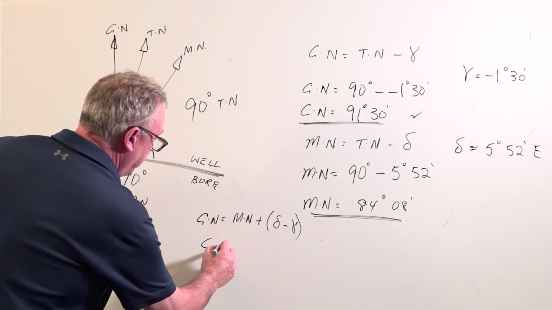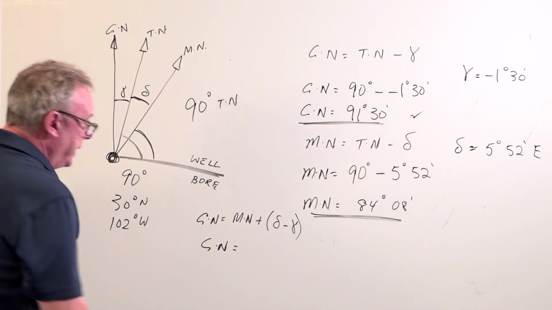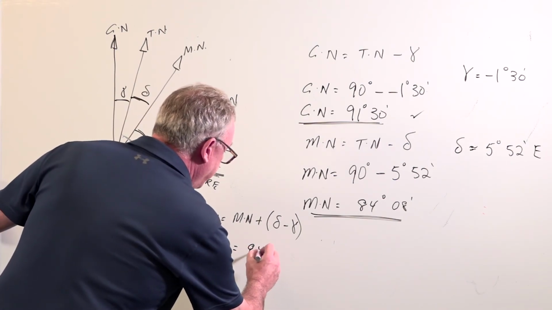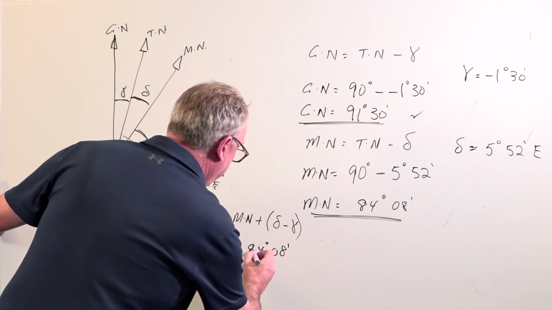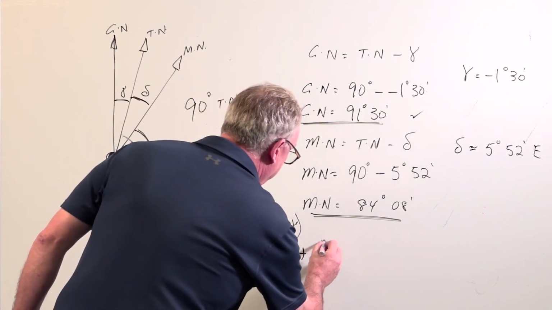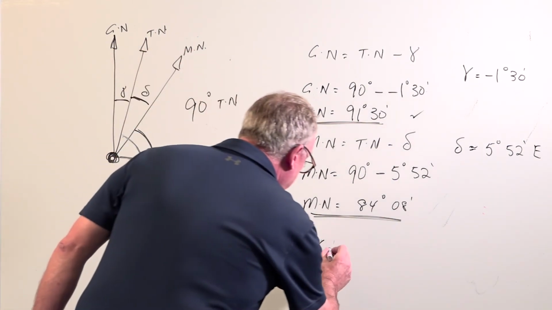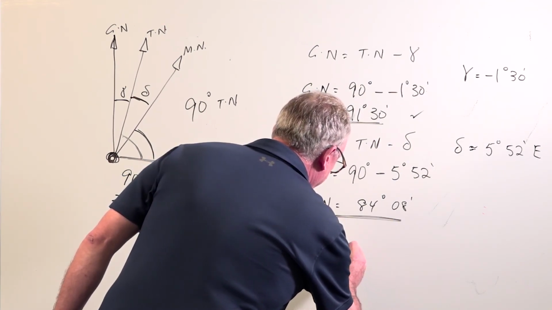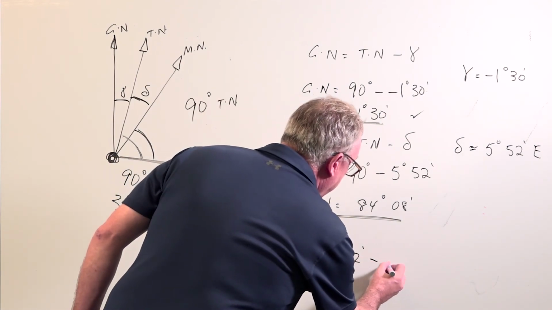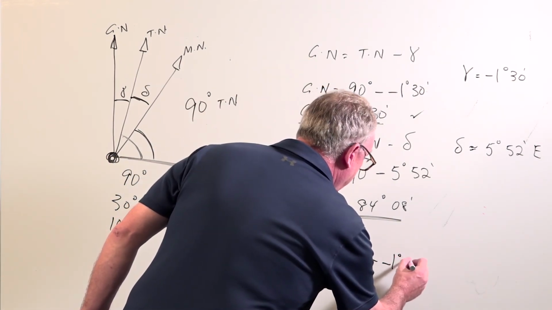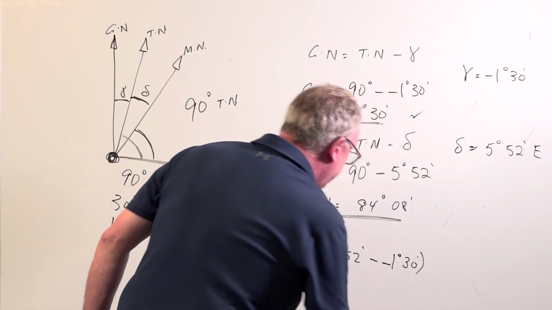So in that case then, grid north will equal magnetic north, which is 84 degrees and 8 minutes, plus my magnetic declination, which is 5 degrees and 52 minutes, minus 1 degree and 30 minutes.